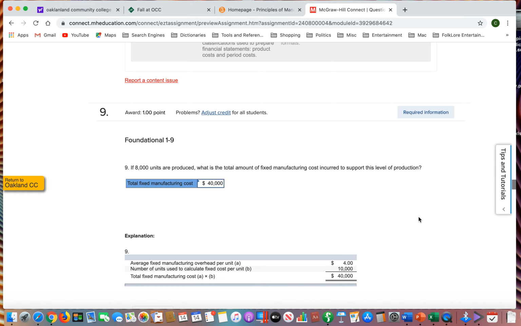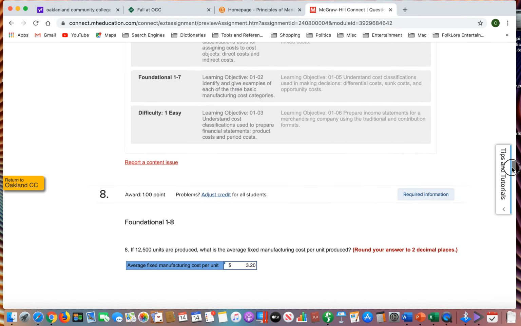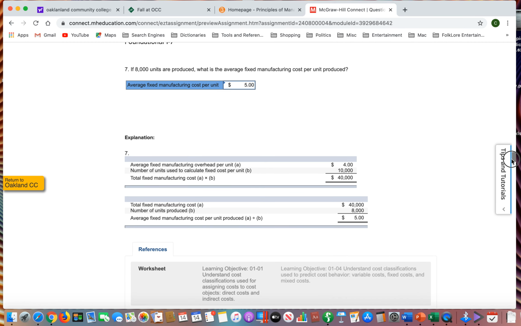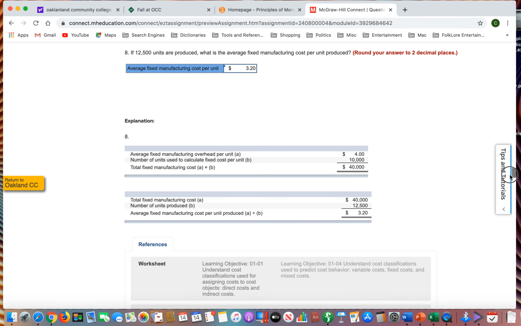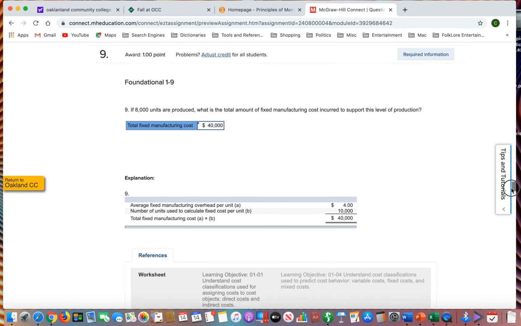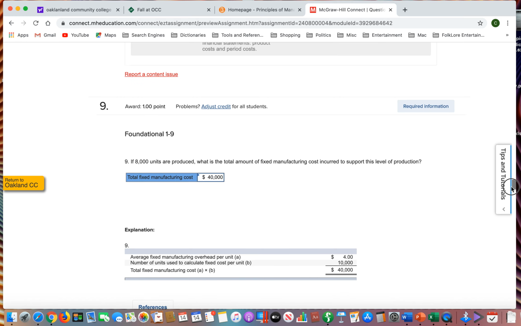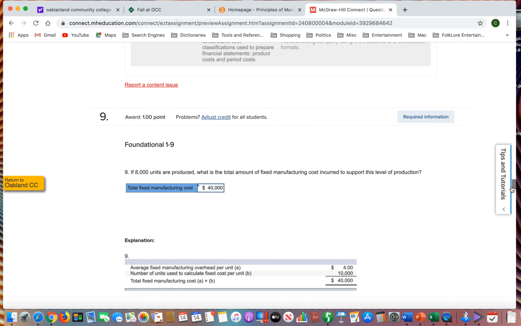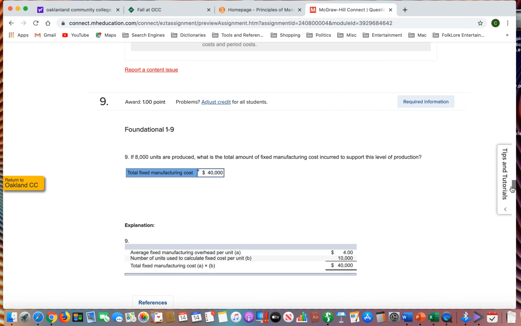At 8,000 units, you have $5 per unit, right? Let's go back up here. Let me show you where it says $5. The average fixed manufacturing cost per unit is $5 at 8,000. So 5 times 8 is 40,000. I don't know why they did it this way. I disagree with it, but there you go.